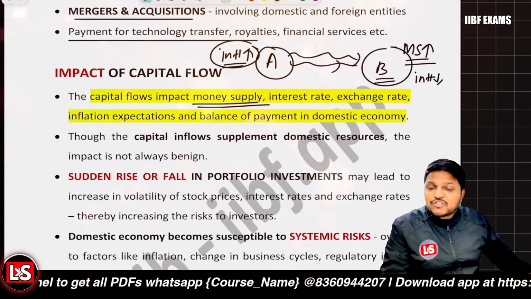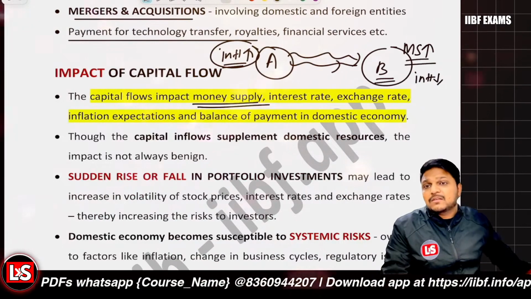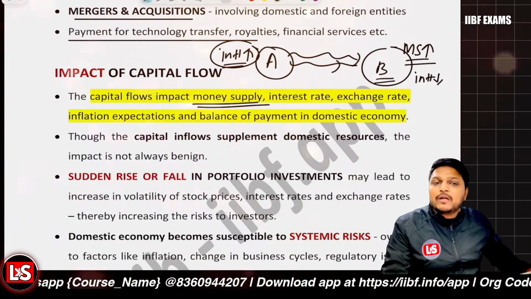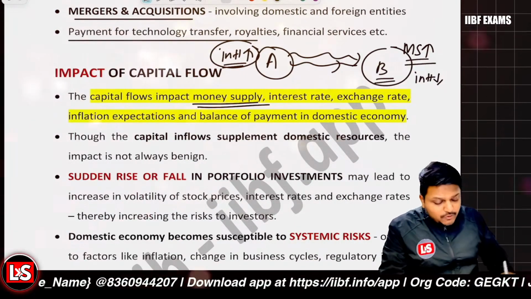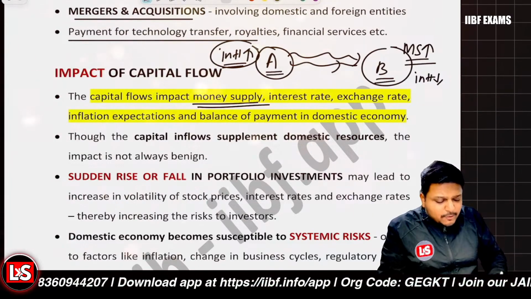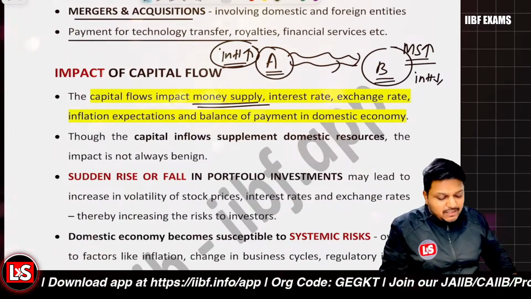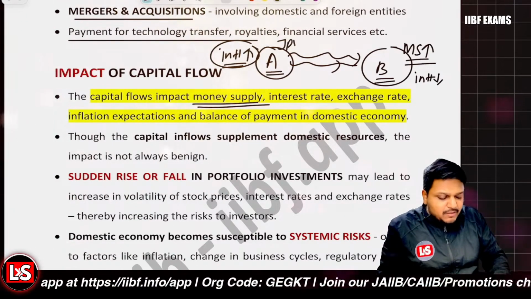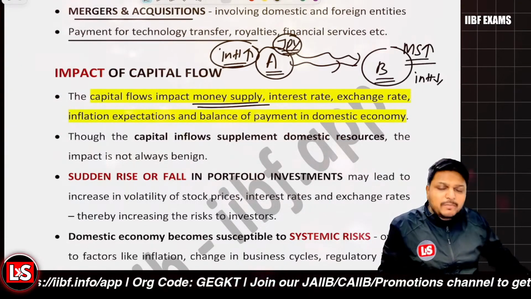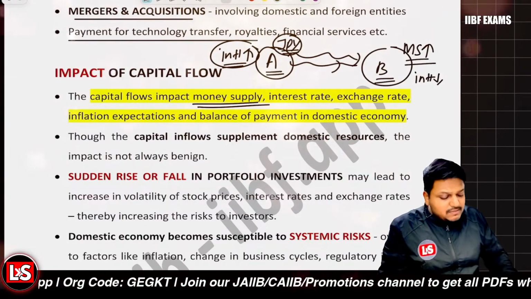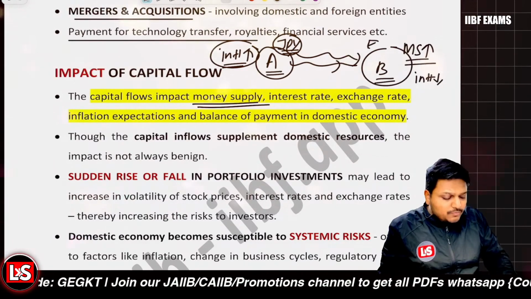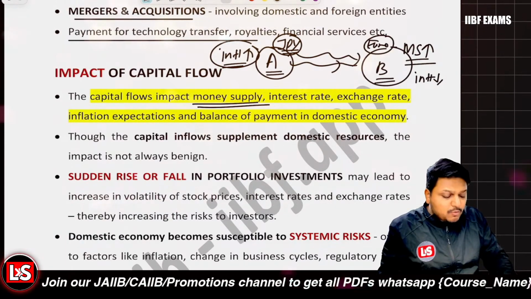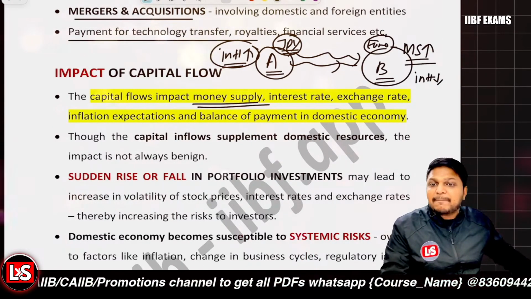And also the exchange rates become volatile, because the outflow is going to weaken the currency of that particular country. Now, if country A has the currency JPY, then the JPY value will be reduced. And for country B's currency, let's say it is euro, then the euro will become stronger. It will have appreciation.